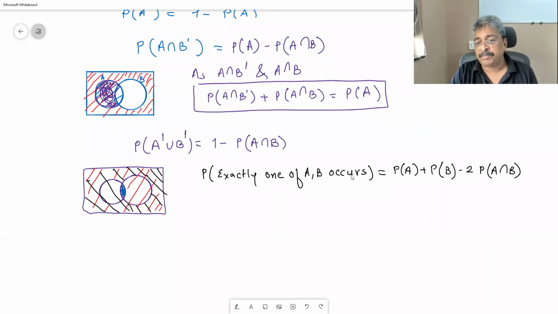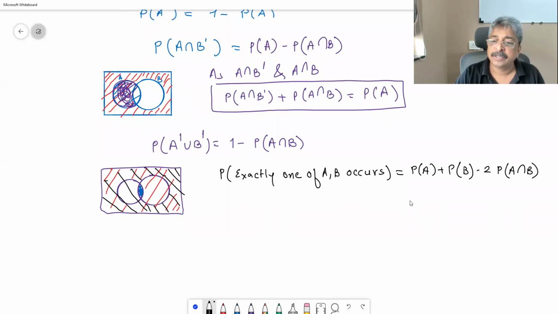Exactly one of A, B occurs, probability is probability of A plus probability of B minus 2 times probability of A intersection B. In other words, this is probability of A union B minus probability of A intersection B. And A union B, we have seen earlier, is probability of A plus probability of B minus probability of A intersection B. So this and this are the same.